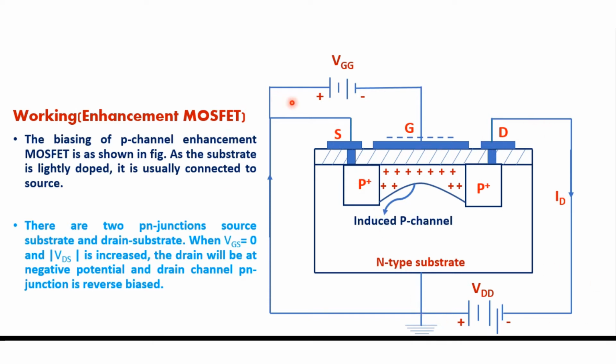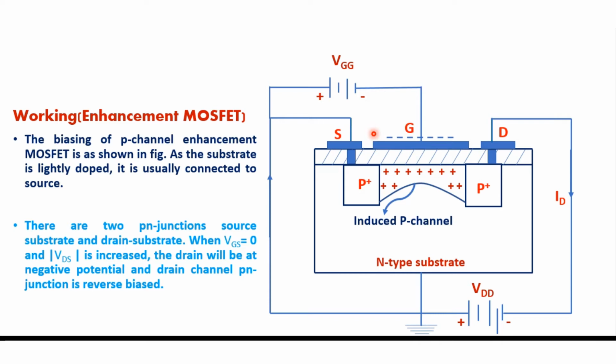Therefore, as the negative value of gate to source voltage is increased, the drain current will also go on increasing.